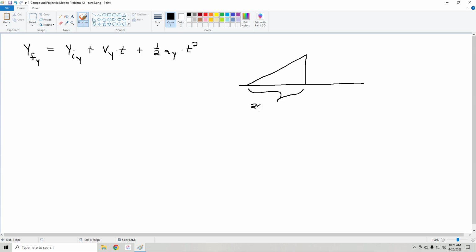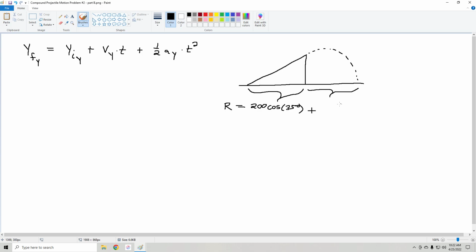And this would be 200 cosine 35 degrees. So we know the range is equal to that plus whatever distance the rocket traversed while it was in the air.